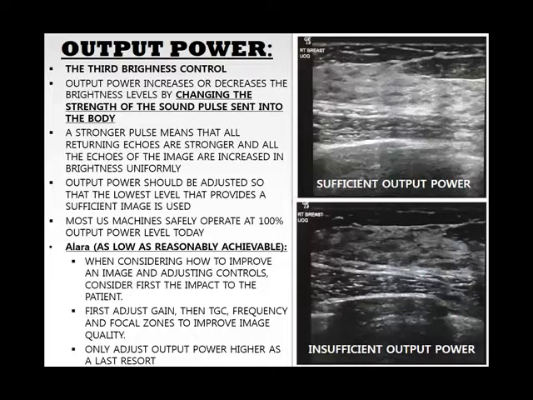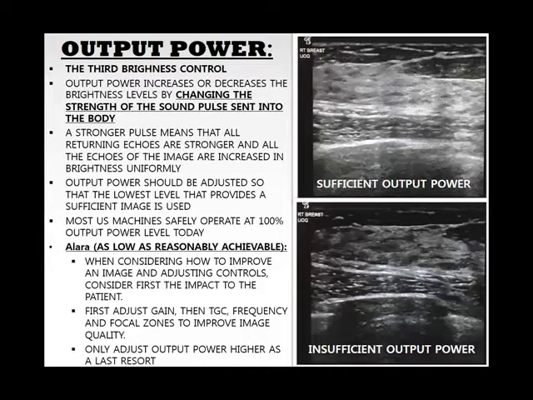When you're sending a decreased level of pulse into the body, you're getting weaker reflections back, so you're getting a darker image. So we want an output power that's strong enough to see all the layers of the breast, not insufficient like this where it's too dark and we can't see the breast.